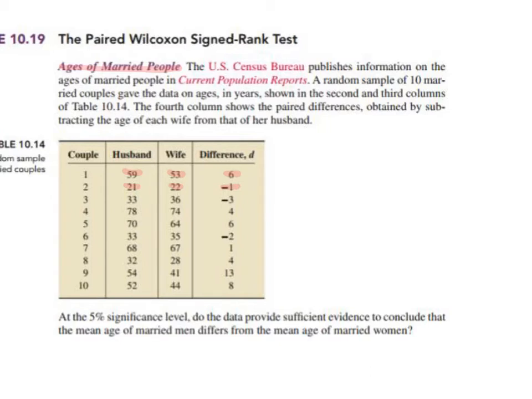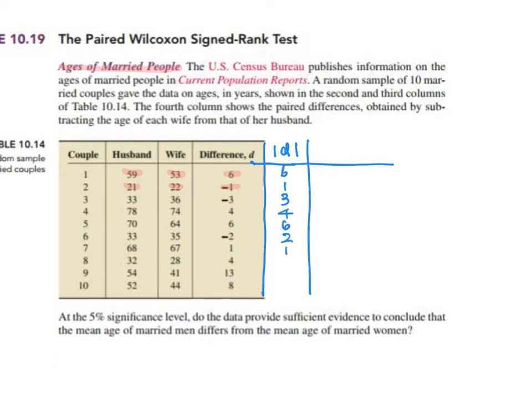So now we assign the rank. Always rank number 1 is the smallest one. Before the rank, we take the absolute value of the differences: 6, 1, 3, 4, 6, 2, 1, 4, 13, and 8. Now let me assign the rank.